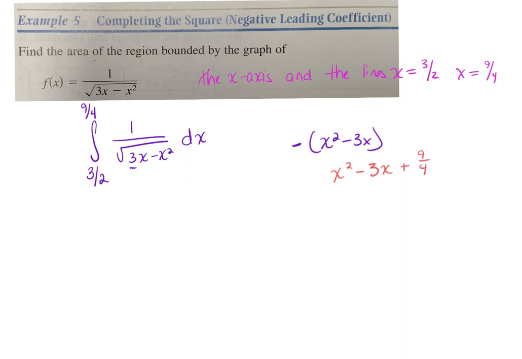Everybody see that? And they wrote it in your book, so we'll just write it like they wrote it. They did 3/2 squared, minus 3/2 squared. So I have all of that. Everybody see that? I added and subtracted. Here's the thing.